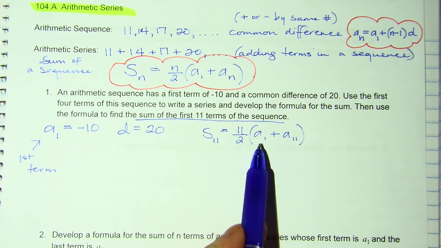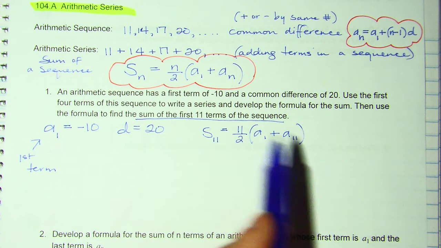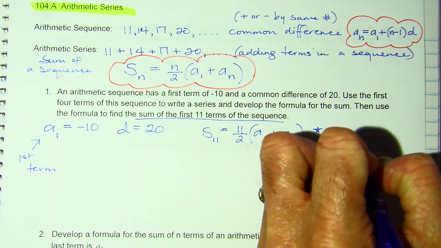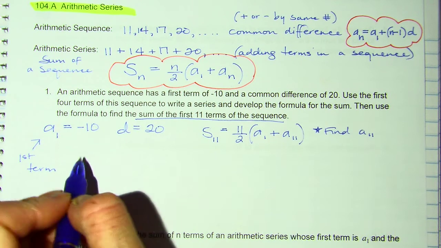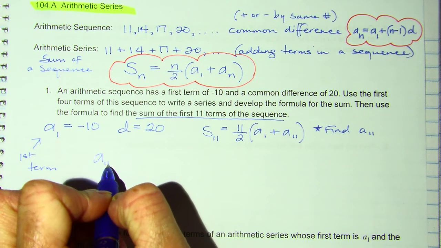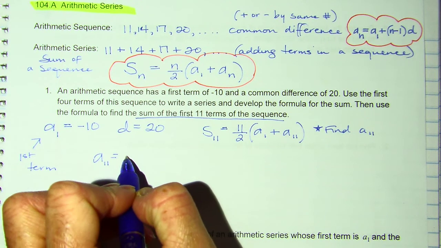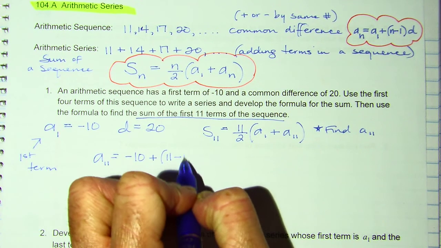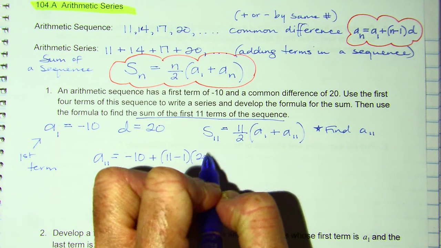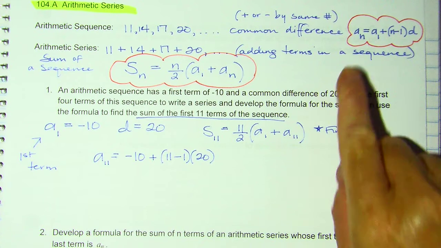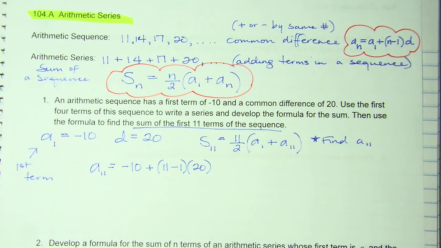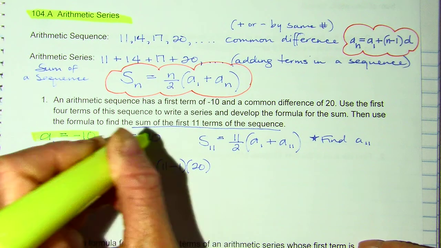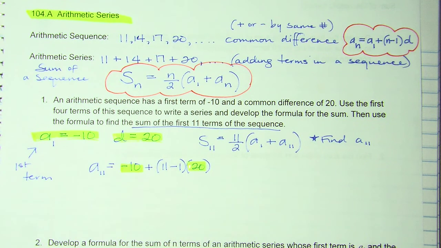Now, I know what the first term is, it's -10, but I don't know A11, so I have to find A11. So, A11 equals my first term, -10, plus 11 minus 1 times my common difference. So, I'm using this formula here, and I plugged in A1, and I plugged in my common difference of 20.